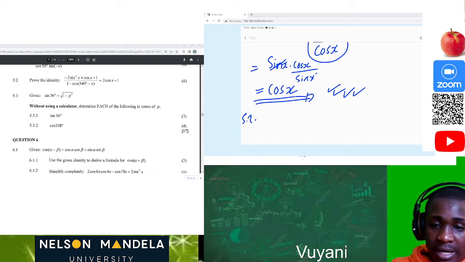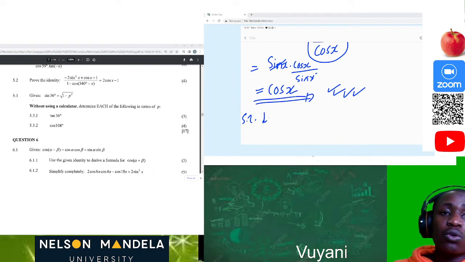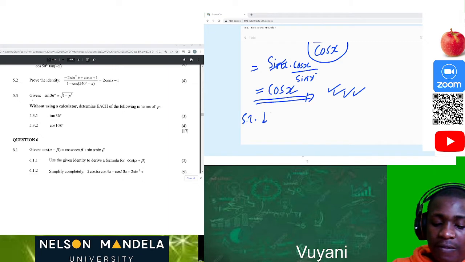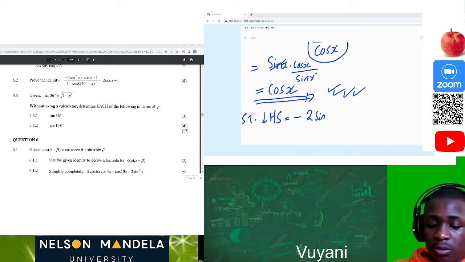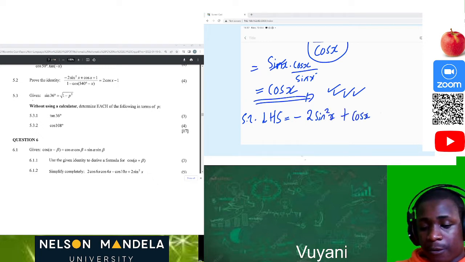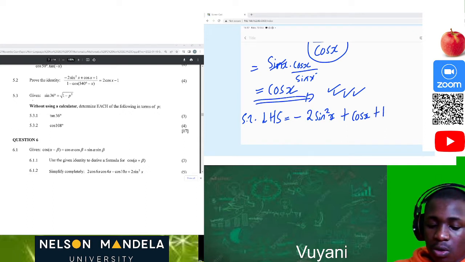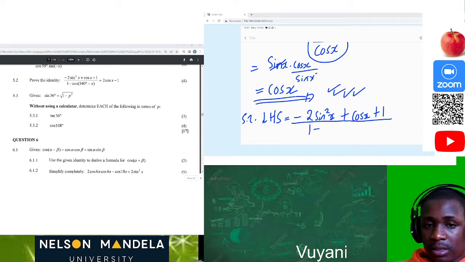So you start by writing left hand side, so that we know which side you are reducing. Left hand side is equal to negative 2 sine square of x plus cos of x plus 1, all divided by 1 minus cos of (540 degrees minus x).